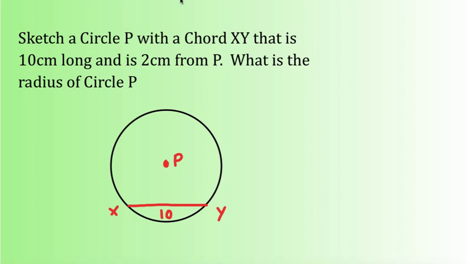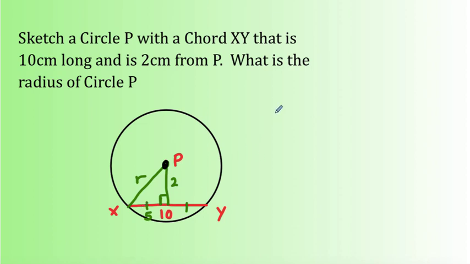It wants us to find the radius of the circle, but we know that P is 2 centimeters from the chord, which makes it the shortest distance, so it is 2. It's perpendicular, so it's bisecting the chord, which makes this 5. And there's the radius, which I'm trying to find when I draw a line from the center to the endpoint of the chord.